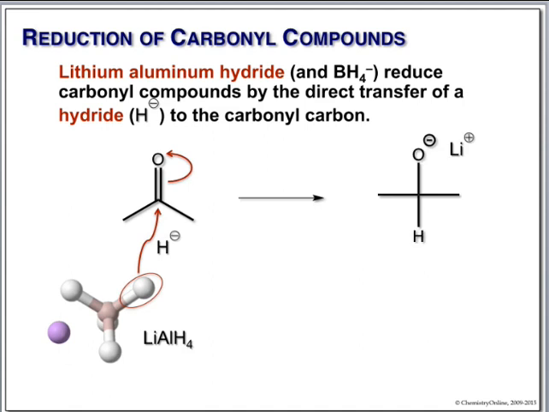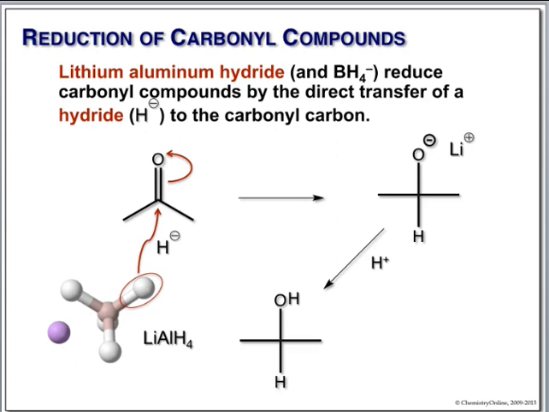As it forms a bond here, in order to keep carbon with a valence of 4, these electrons have to be promoted to the oxygen, and we wind up with the lithium alkoxide. As always, we will take this, dump it in water, and convert it to the simple alcohol.